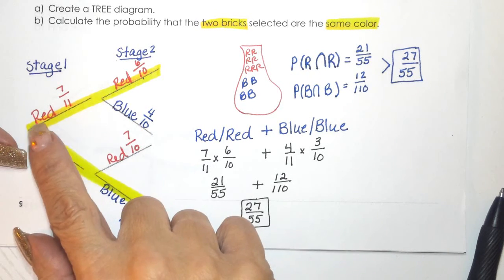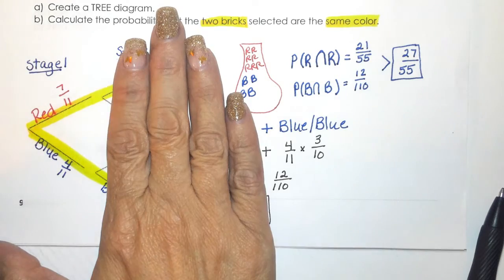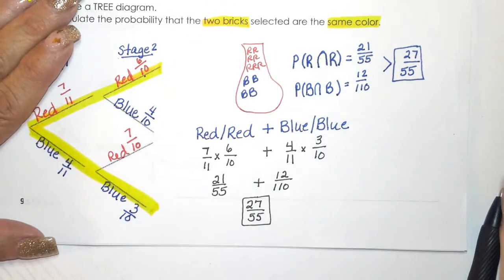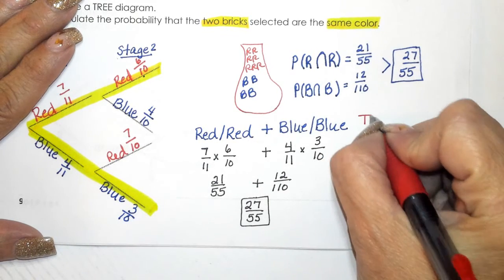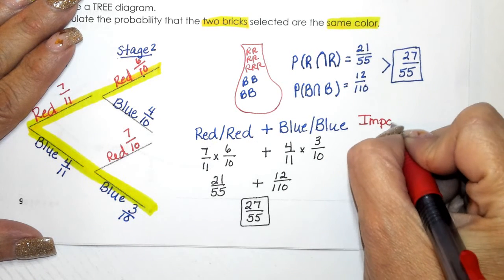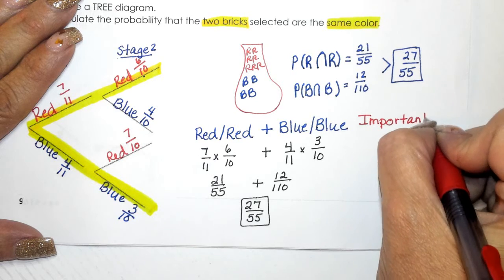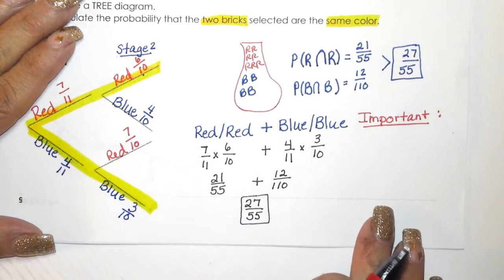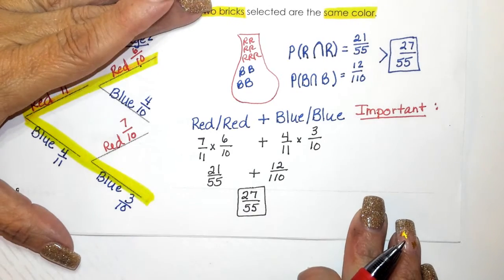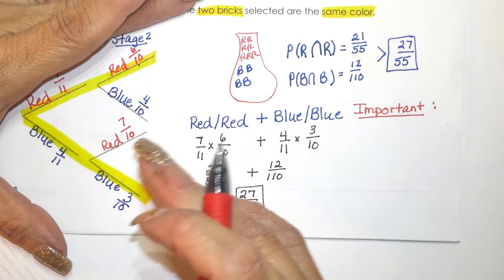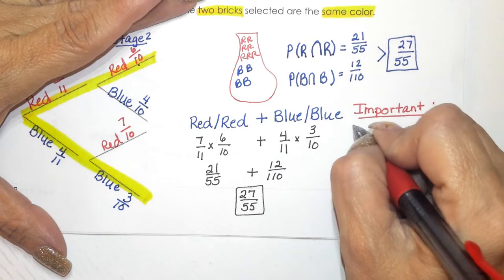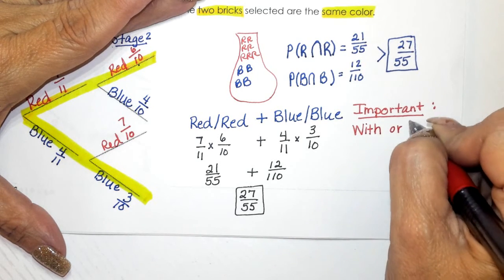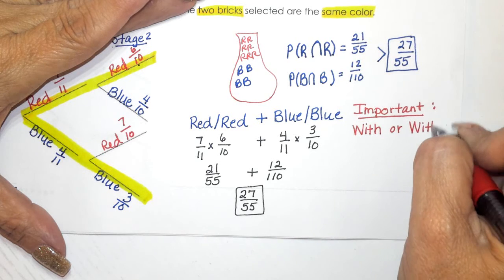Now, some things to note about this particular problem. When I took the brick out at stage 1, did I put it back in? No, I didn't. So something I really just want you guys to remember, I'm just going to say important, is that when you are doing a probability, it can be with a deck of cards, it can be with these bricks right here, you're going to want to always make note, is your probability with or without replacement?